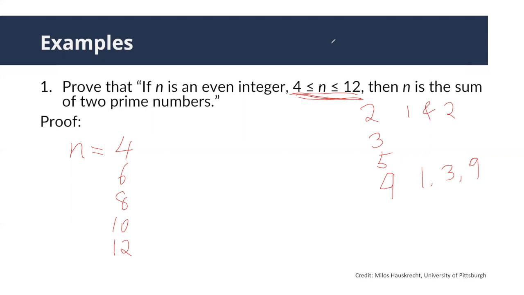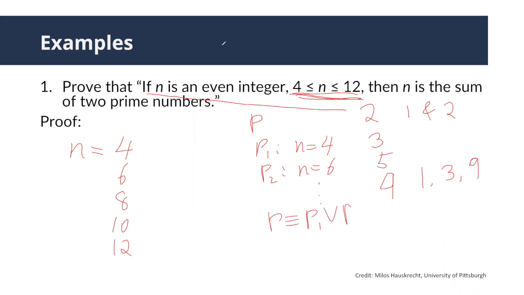Only 5 values. You can see if you consider this as P, then P1 is just n equals 4, P2 is just n equals 6, and so forth. And of course, P is equivalent to P1 or P2 or all the way to P5. And we just want to prove Pi implies Q, where i is from 1 to 5.